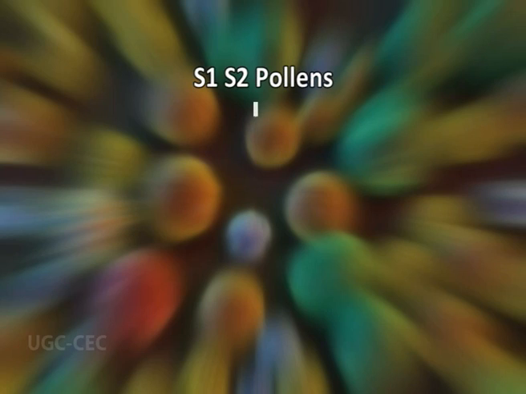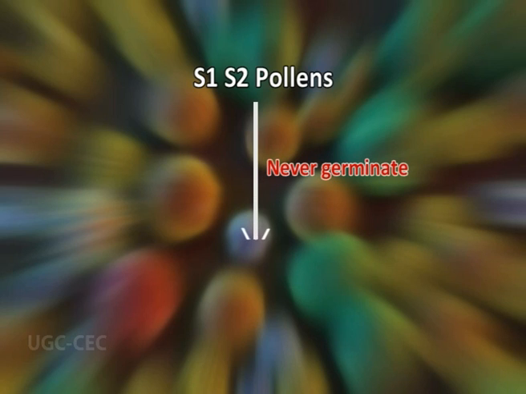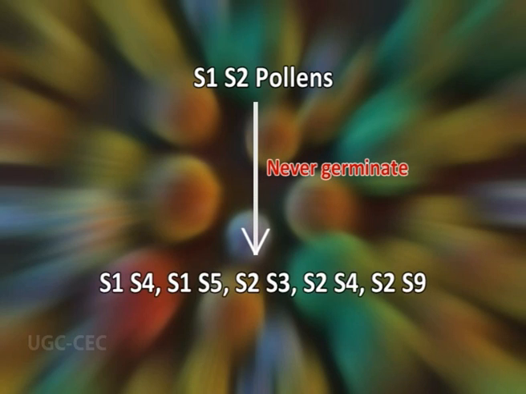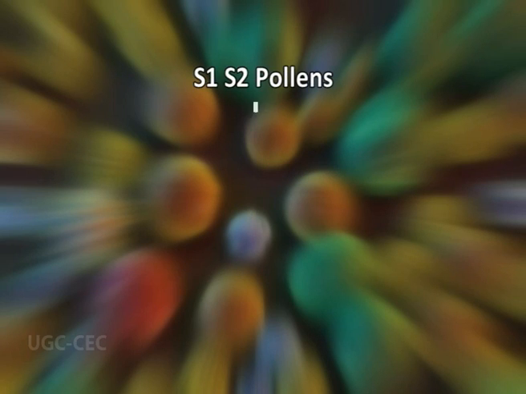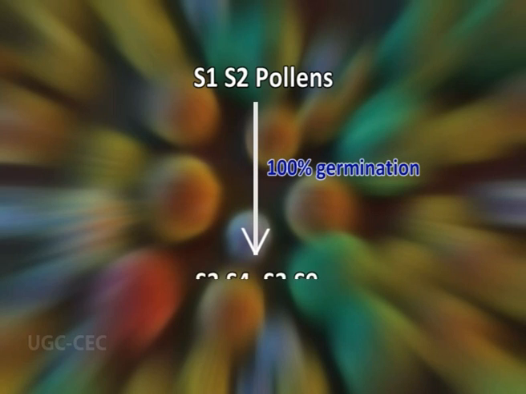S1, S2 pollens would therefore never germinate on a stigma carrying S1, S4, S1, S5 or S2, S3, S2, S4, S2, S9, etc., and will show 100% germination with a plant carrying stigma with S3, S4, S3 and S9.